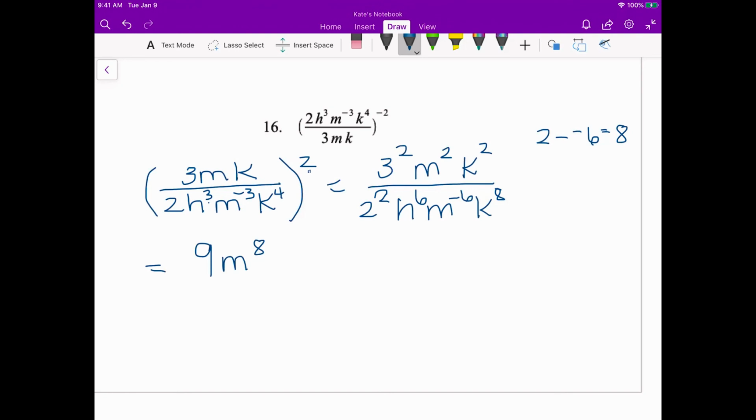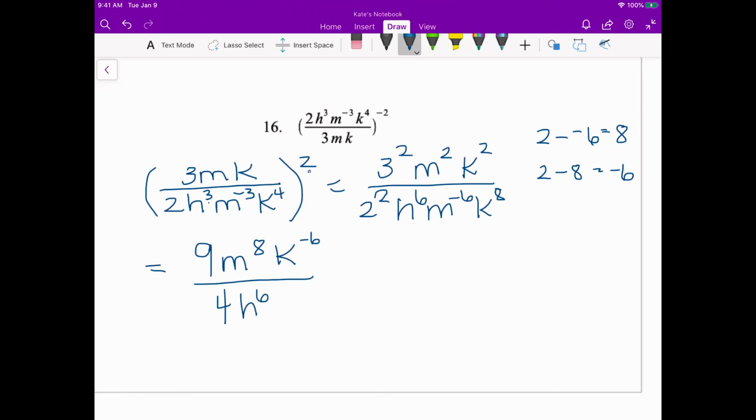And then I have k squared over k to the 8th. So again, I'm dividing, so I'm going to subtract. So 2 minus 8 is negative 6. So I would have k to the negative 6 over 2 squared is 4, and I have h to the 6.